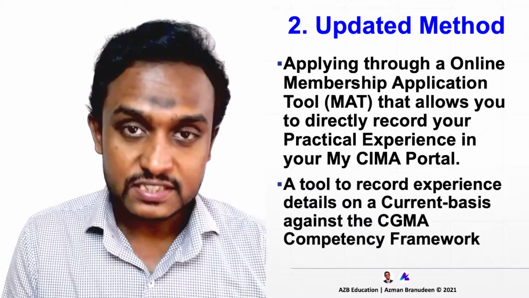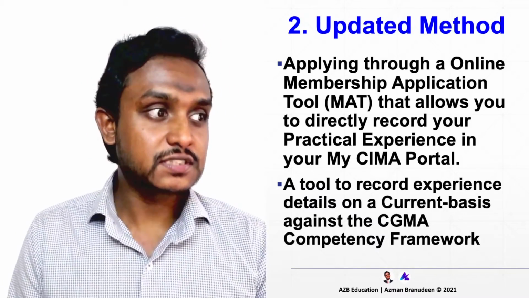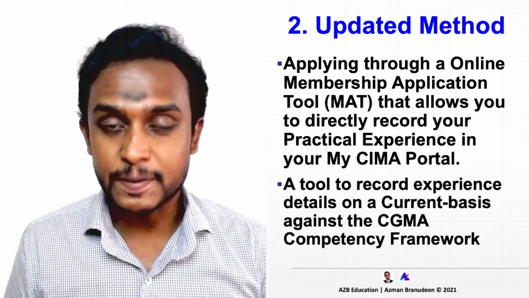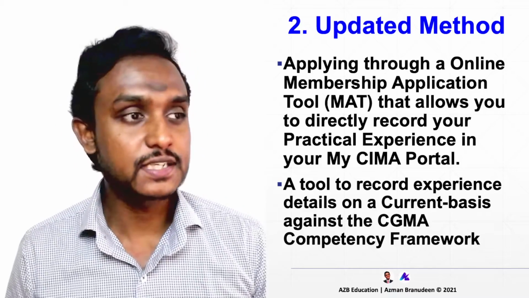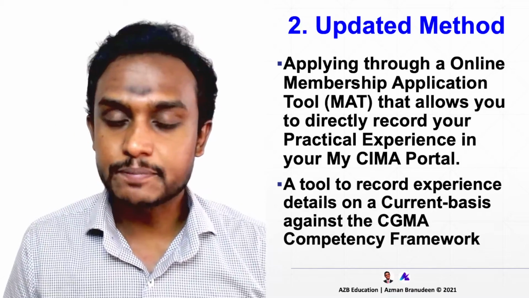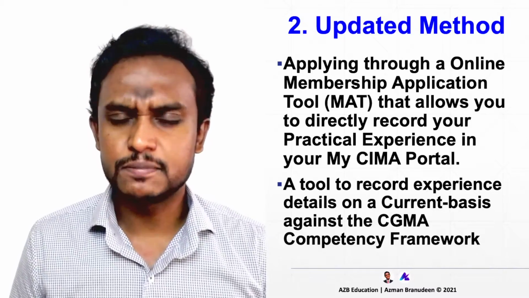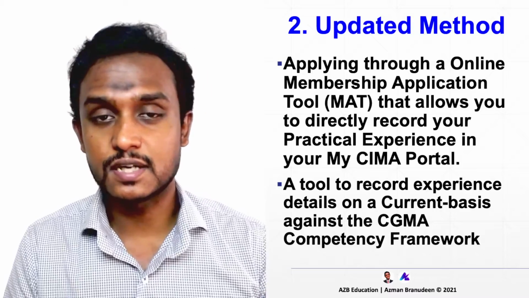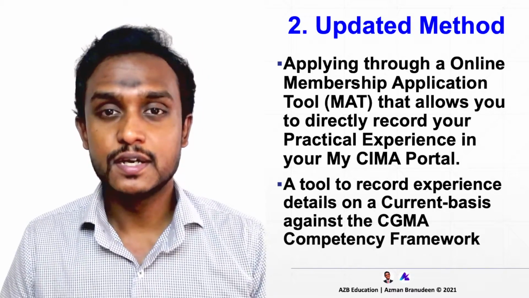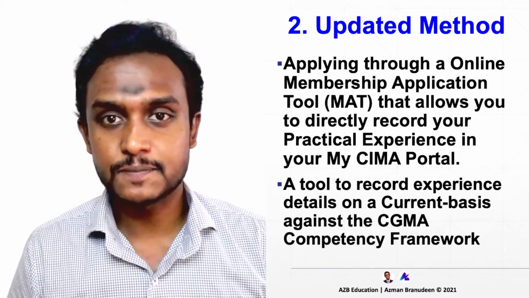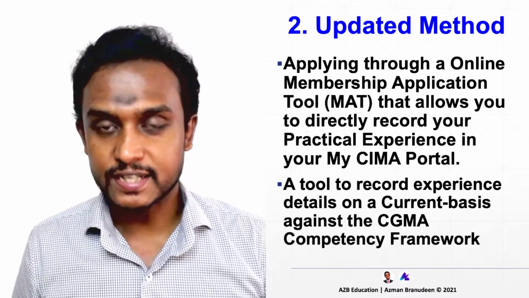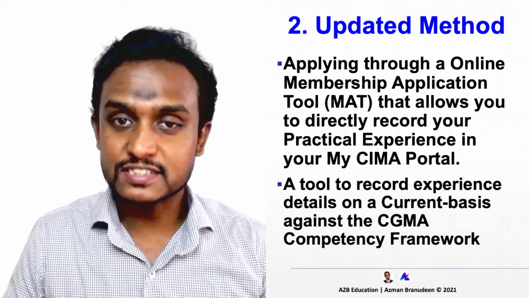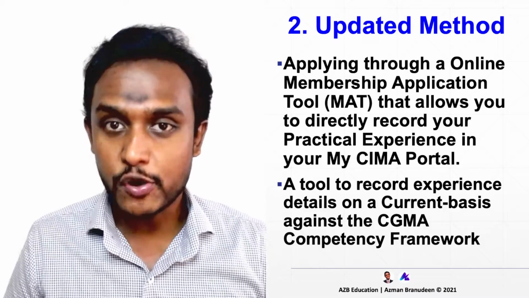This tool is a tool to record your experience details on a current basis, on a present basis, against the CGMA competency framework. The CGMA competency framework includes 4 main areas: technical skills, business acumen, leadership skills, and people skills. Under these 4 categories, the MAT gets you to record your experience.